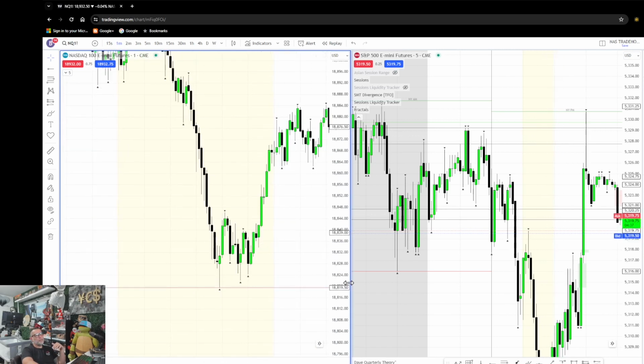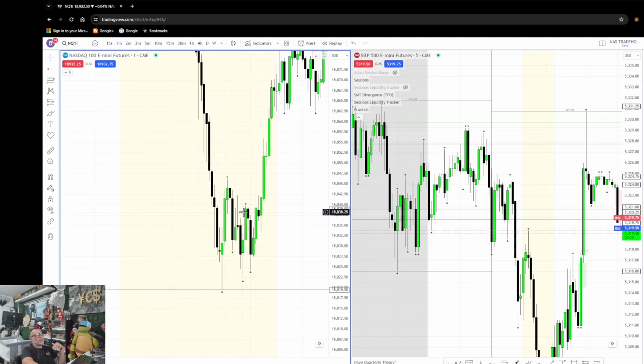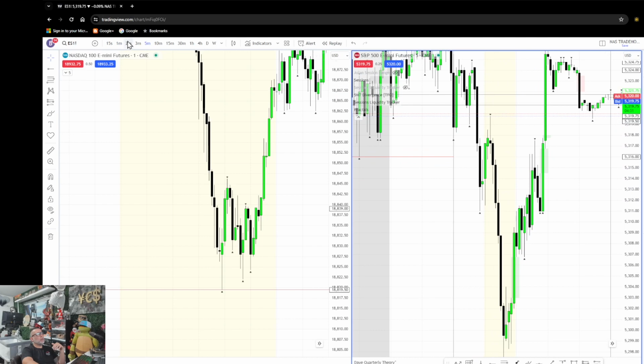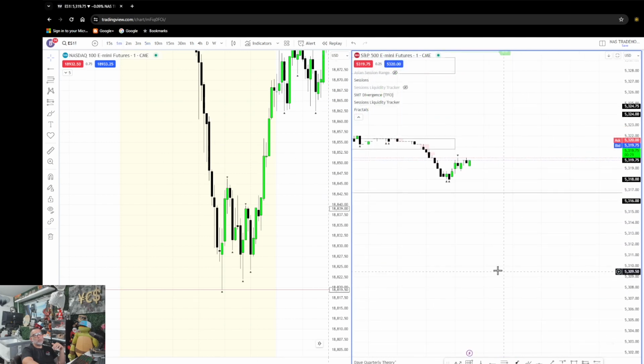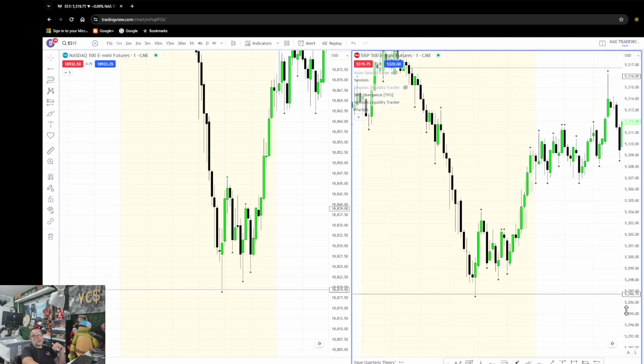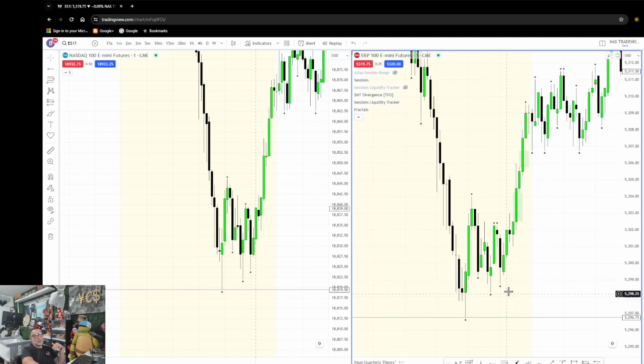The moment that we broke this high, to be honest, and looking at it here on the 1-minute as well, you're gonna notice this high, this high. I got in at the close of this candle here. That's where I decided, and I went half risk.